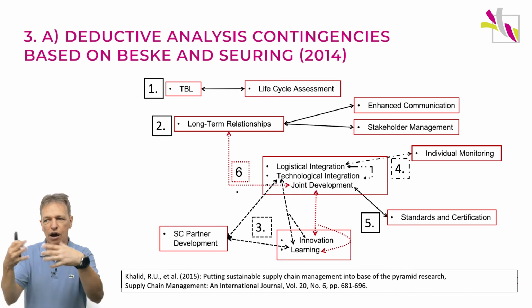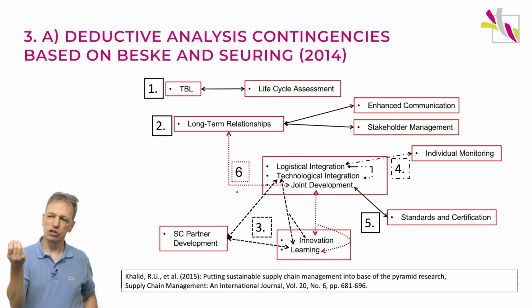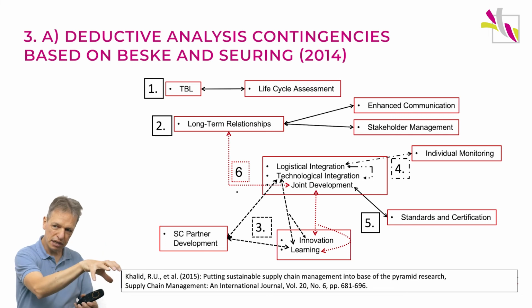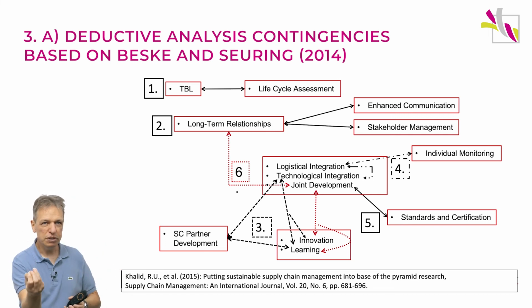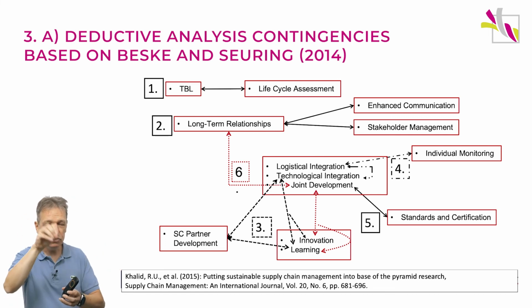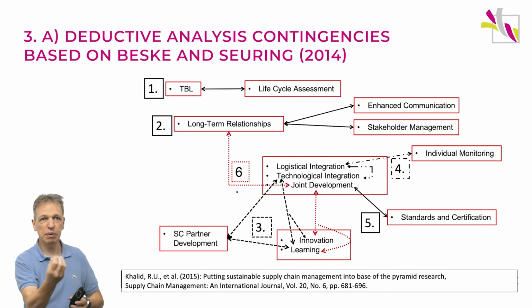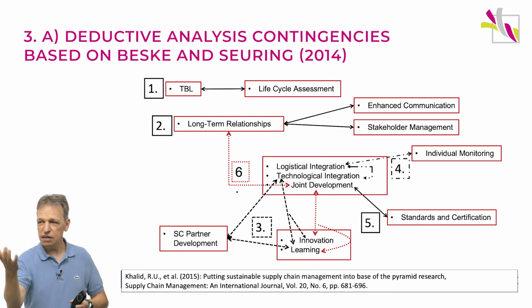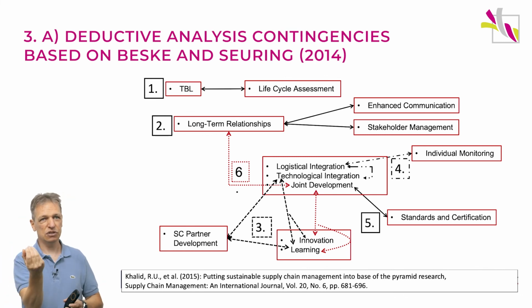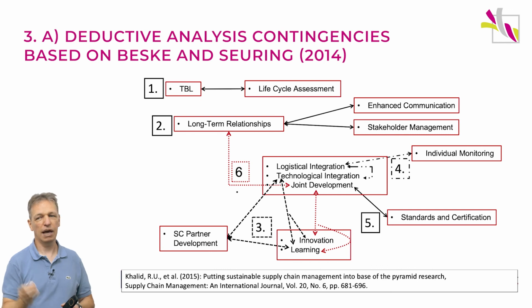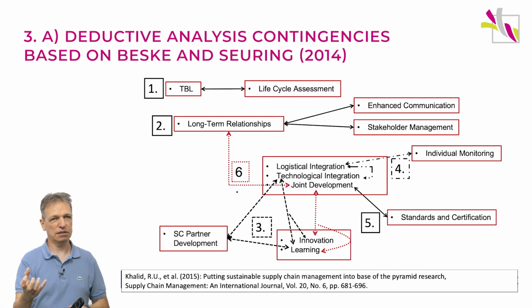So we see how this makes sense, and we used a framework deductively and now can interpret the specific elements inside this particular field of application, the base of the pyramid, and see that this makes sense, and we gain an understanding of what is happening in the base of the pyramid beyond what each single paper is talking about by looking at them in an aggregated manner. And that's one of the strengths of this method.